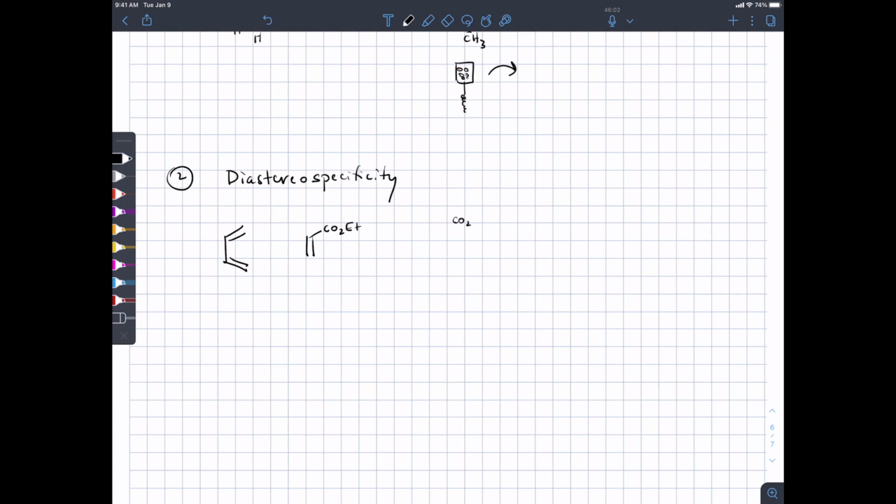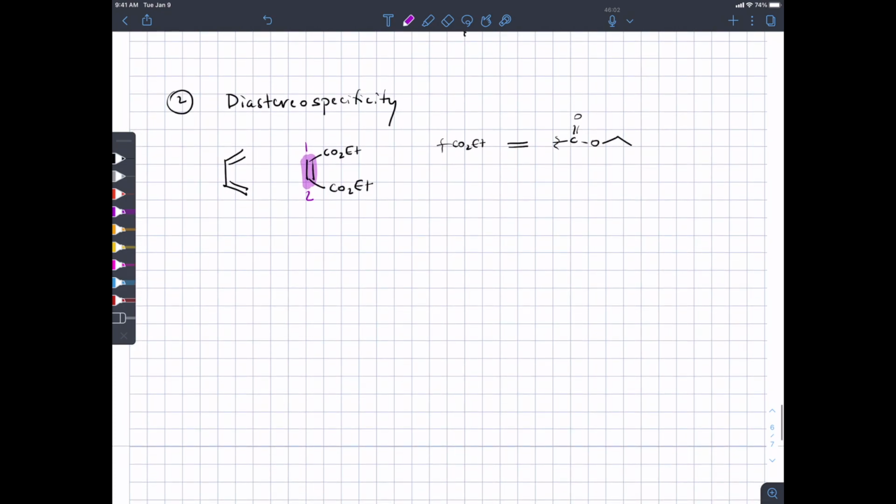CO2Et stands for an ester group with an ethyl group attached to the oxygen. And in our olefin, our dienophile, carbons 1 and 2 of the olefin both have these ester groups on it, and the relationship between those two groups is cis.